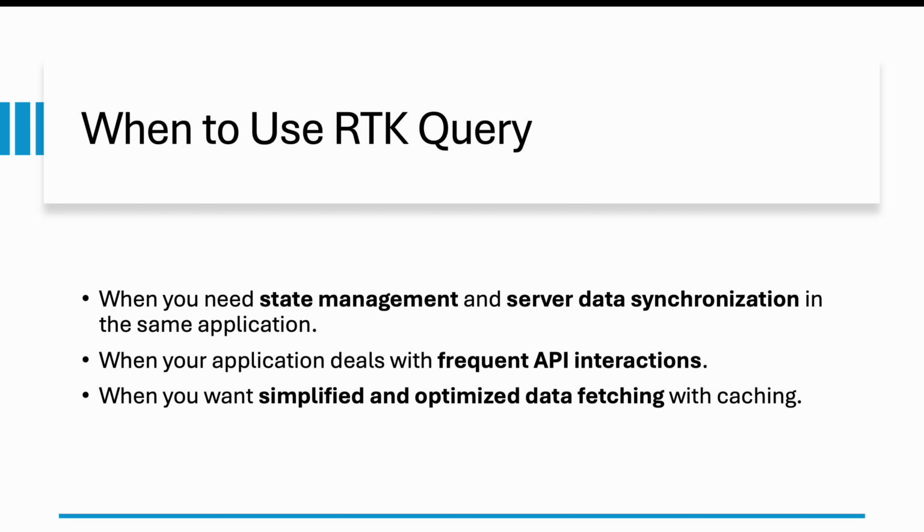And the data in the panel is fetched from one API, and that panel is used in many screens. So just imagine, when you see the network tab, the moment you go to any page, you see the API calls triggered again and again. So we can trade this off, we can understand whether we really need that API call in the network tab, or we can just do the caching. So this is very important. We can play around with this. When you want simplified and optimized data fetching, with caching, RTK Query is very good.